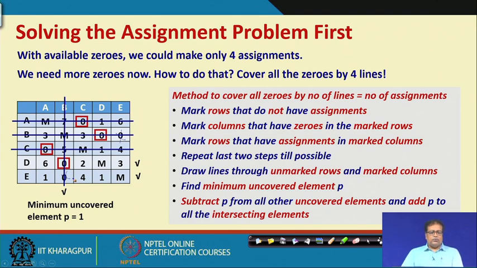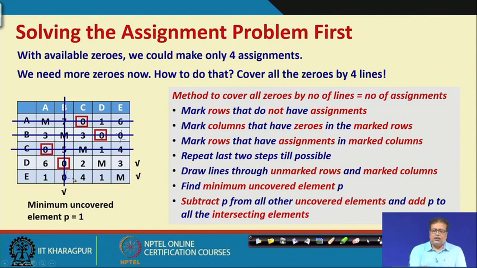So, what we do? See, the method is that if you are very intuitive, you can also draw those lines just like that, but this method if you follow, it will guarantee you that you can cover all the zeros by exactly same number of lines, which equals the number of assignments.